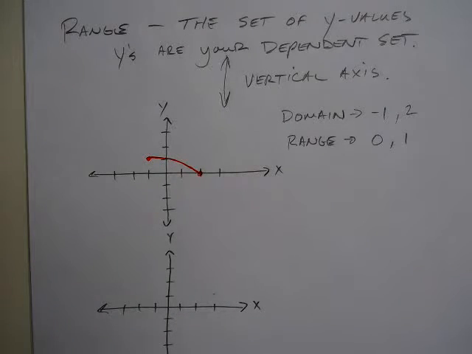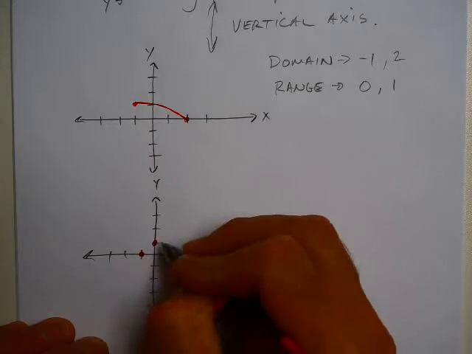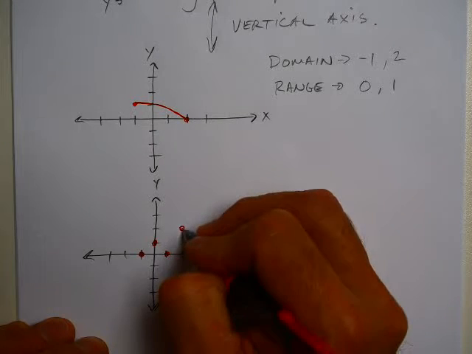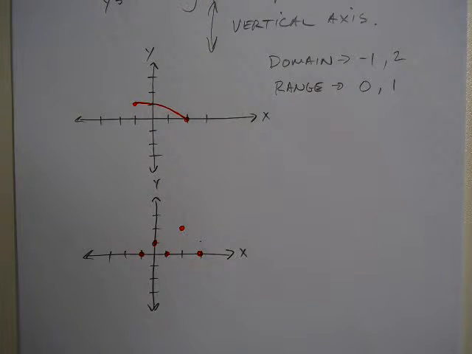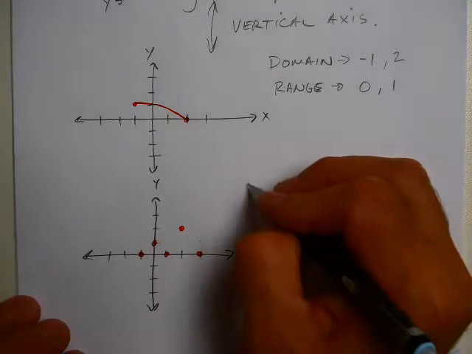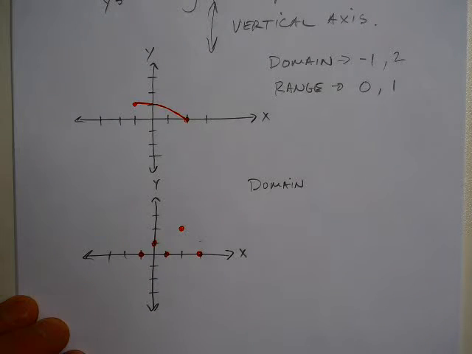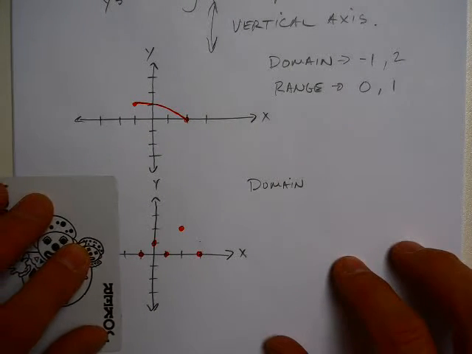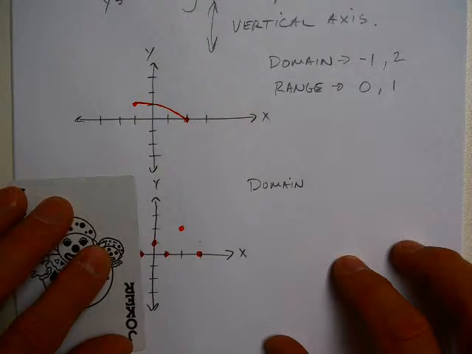What if instead of a line, I have just points? Now, what is the domain?